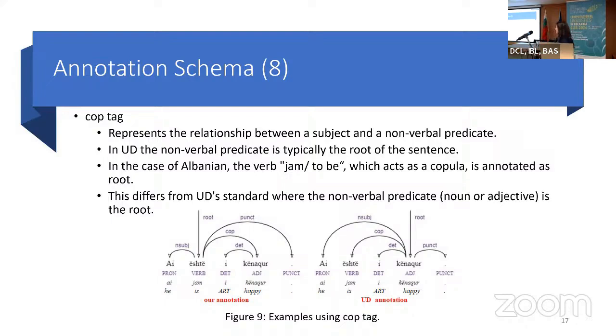Because the Albanian verb jam, to be, acts as a copula, it is annotated as the root because in Albanian grammar, linguists think that the root needs to be the verb.